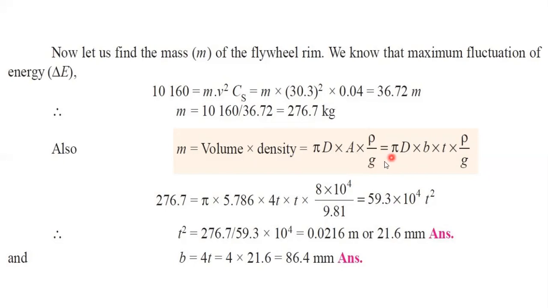And the area is breadth into thickness. The breadth is given as 4 times the thickness. So just substitute 4 times the thickness, and finally you will be getting the value. Only thickness is the unknown, and you will be getting the thickness value as 21.6 millimeter. And once you find thickness, it's very easy for us to determine the breadth value, because breadth is 4 times the thickness. Now we have determined the dimensions of the flywheel.